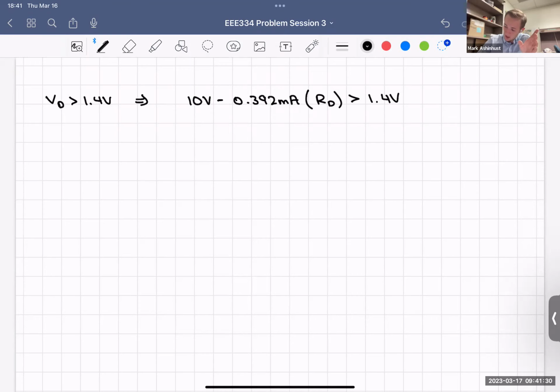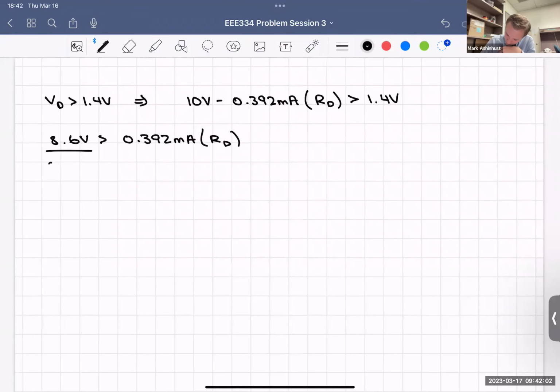So here I want to get the RD alone, so I'm going to subtract 1.4 from both sides, and I'm going to add this over. So by doing that, I get 10 minus 1.4, which is going to be 8.6 volts, must be greater than 0.392 milliamps times RD.